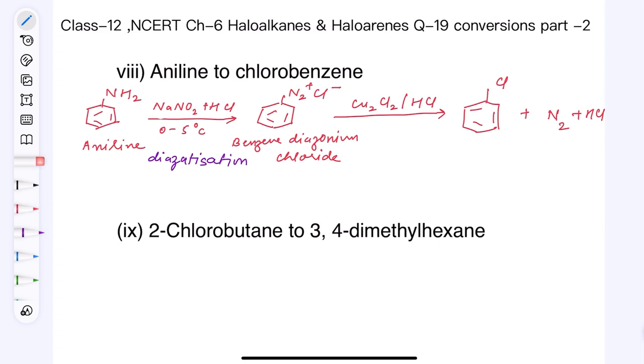Now this reaction is referred to as Sandmeyer's reaction. Okay, so that was your product formation, that is chlorobenzene. This is your product, chlorobenzene formed. So, a 2-step conversion from aniline to chlorobenzene.